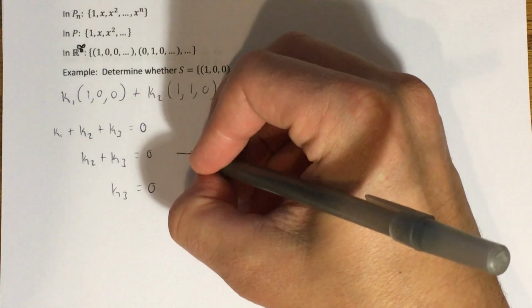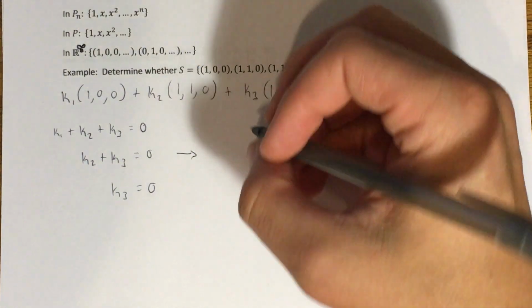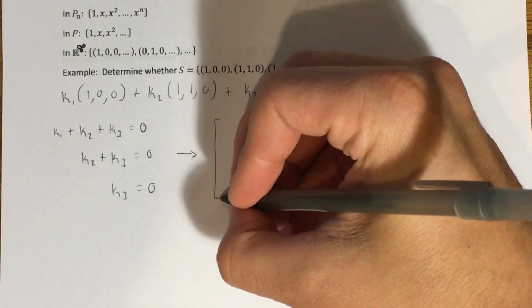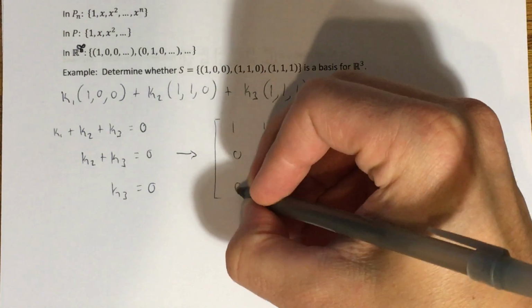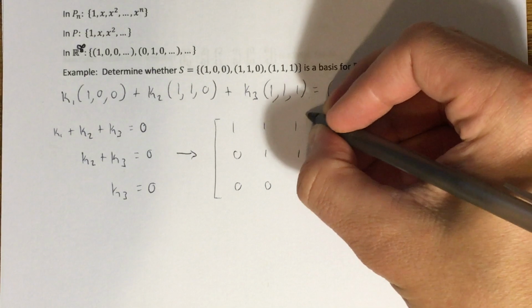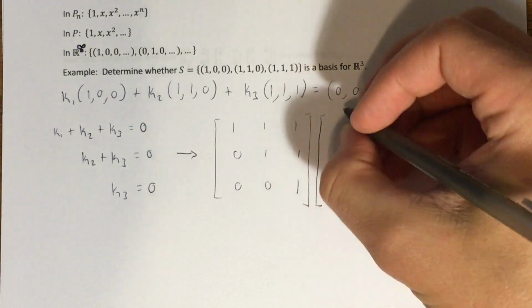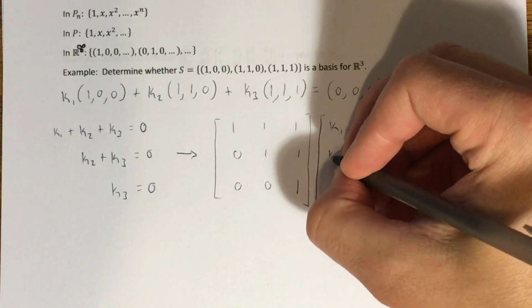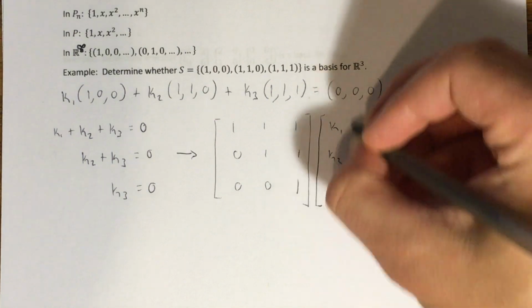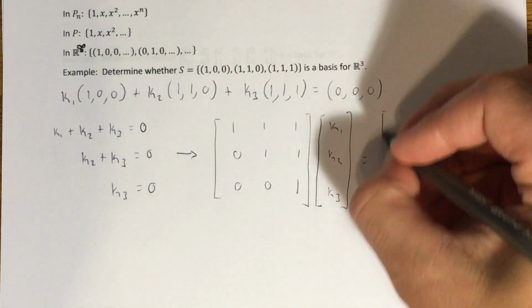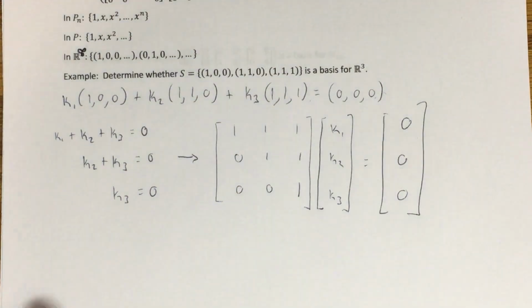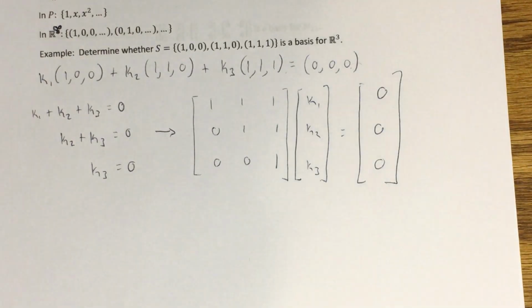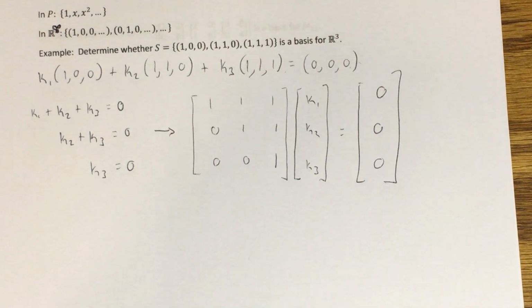Putting that in the form of a matrix equation, notice I could write that as the matrix [1, 1, 1; 0, 1, 1; 0, 0, 1] times K1, K2, K3, and set that equal to the 0 vector.